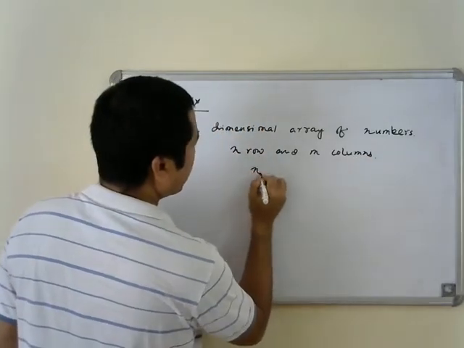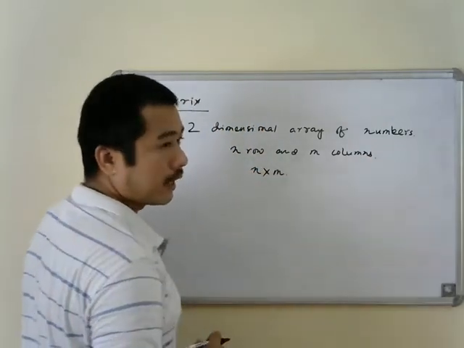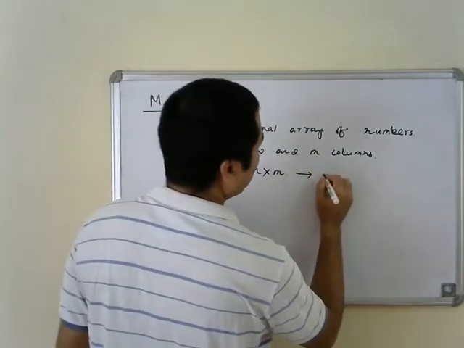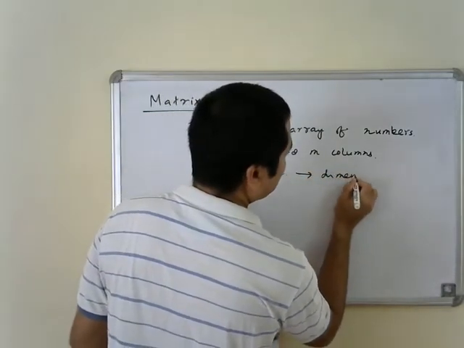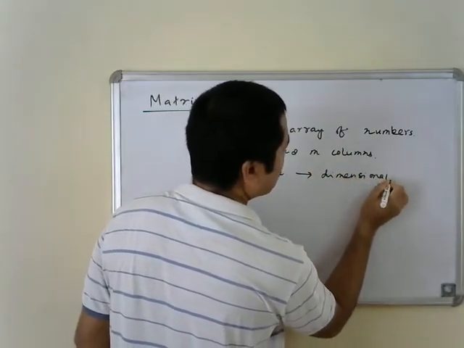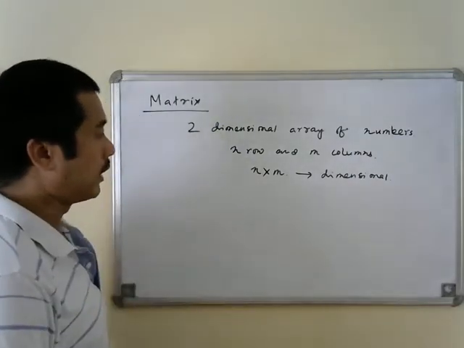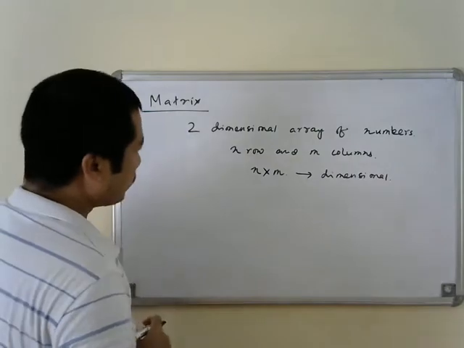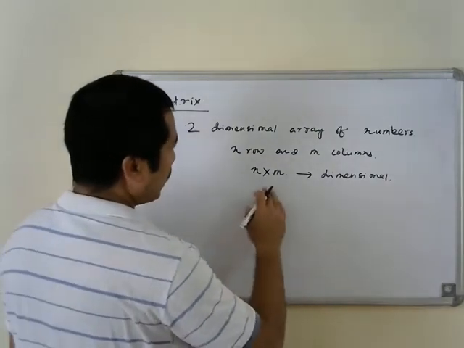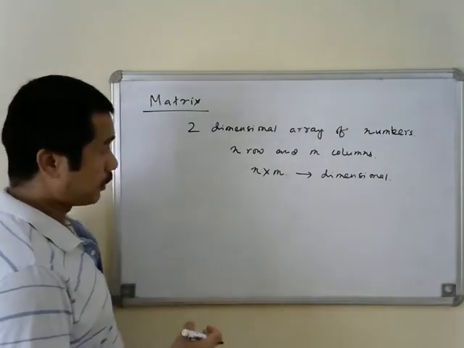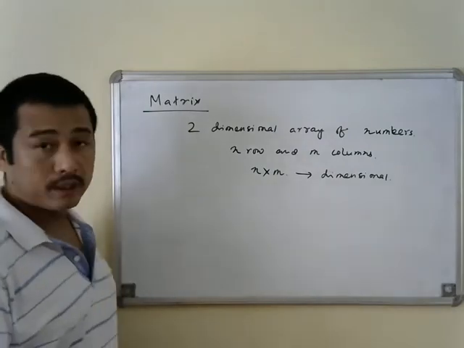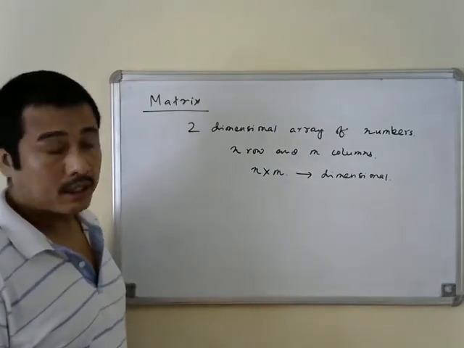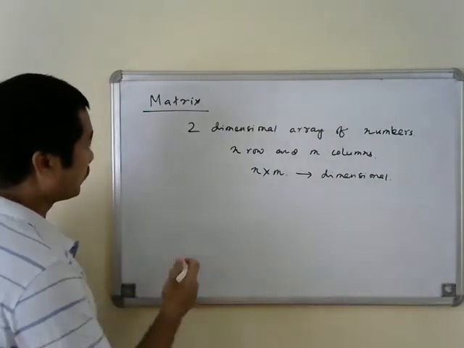We call it an n by m matrix, or we call the dimension of the matrix n by m. Now we can have matrices where the number of rows is equal to the number of columns. That is when we call the matrix a square matrix.